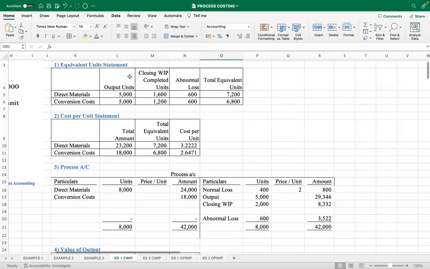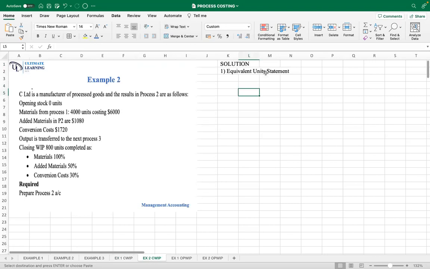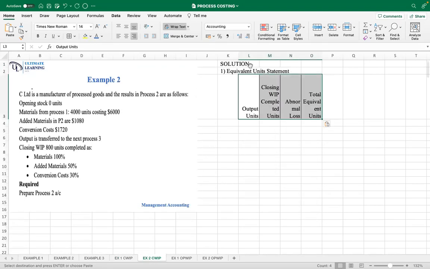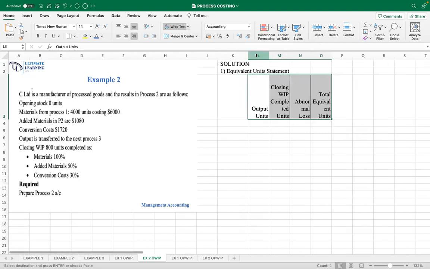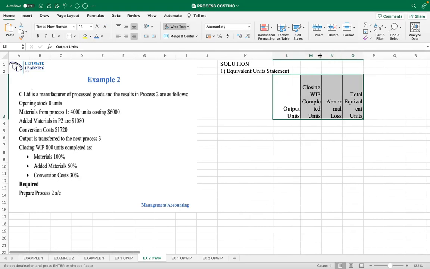So what did we say in the equivalent units statement? Remember these items. I'll just copy to save us time.